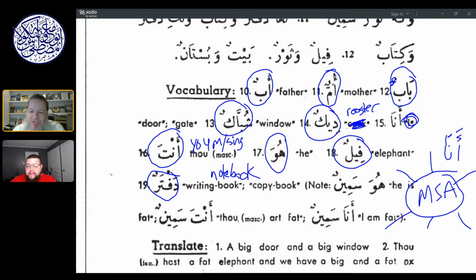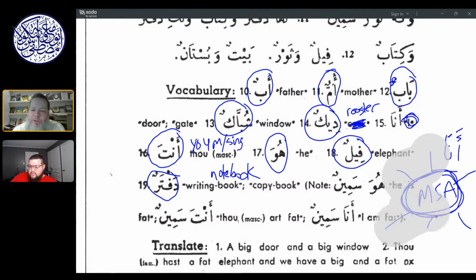Yeah. So you go to Egypt, they'll understand MSA. You go to Jordan, you go to Saudi, you go to Kuwait, you go to Qatar, you go to Sudan, all of them, they're going to understand the MSA. But if you understand MSA, that doesn't mean you're going to understand Jordan and Saudi and Egypt and Sudan and Kuwait. But you will understand the Quran.